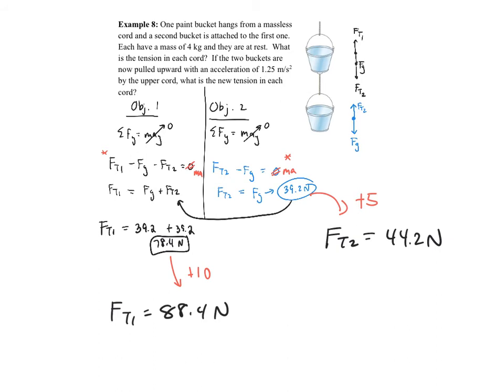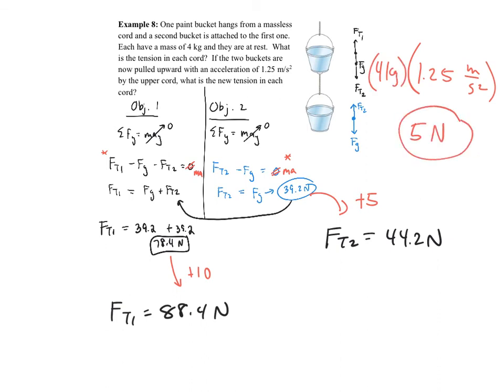Because, again, the acceleration is 1.25, and the mass of each of these objects is 4 kilograms. And if I multiply those two, you get 5 newtons. That's the differential here, because it was only one bucket being supported by the lower rope. But the upper rope supports 2 buckets. So the MA for the upper rope is not just 5, but 2 of those, which is why it goes up by 10.